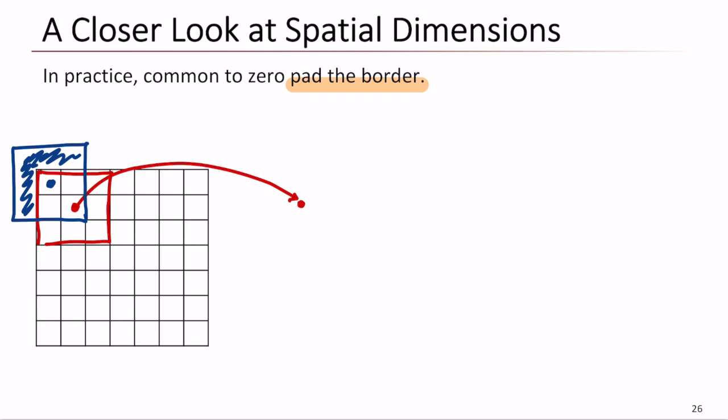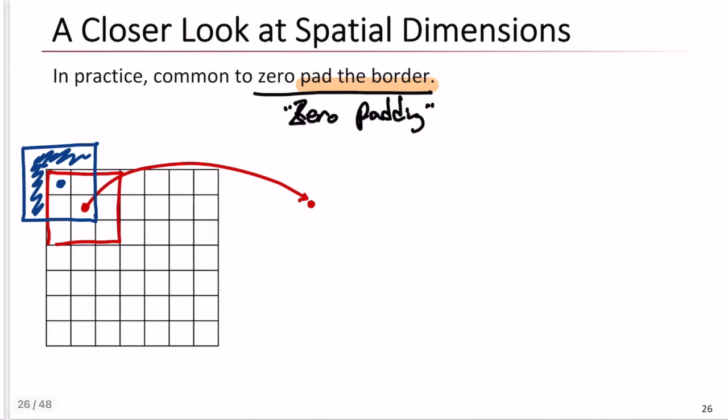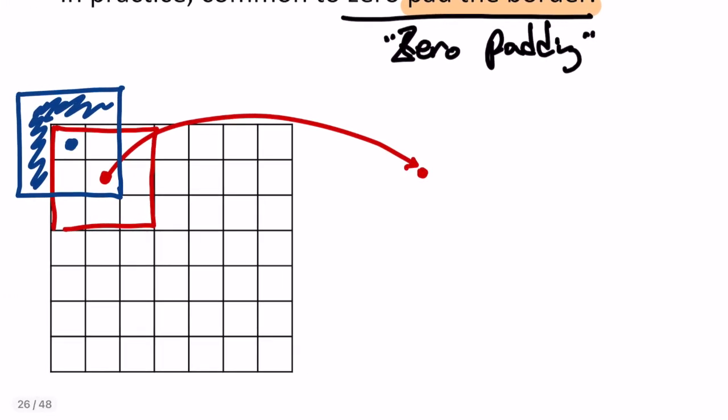So in many cases, we just zero pad the border, called zero padding. Just assume there is a zero value there.